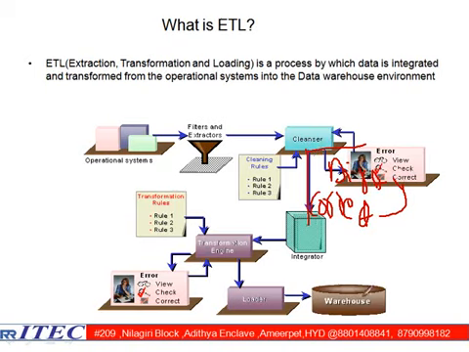Am I clear? Now once we got data into the integrator, what are we going to do? We are going to apply the transformation rules. Suppose from the source system I am getting gender as M and F. But in the reports tomorrow, to show properly, M stands for male, F stands for female.